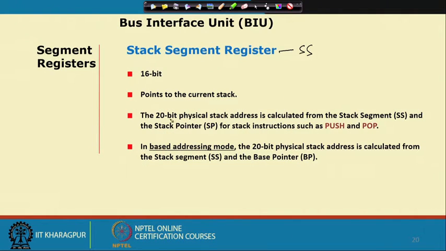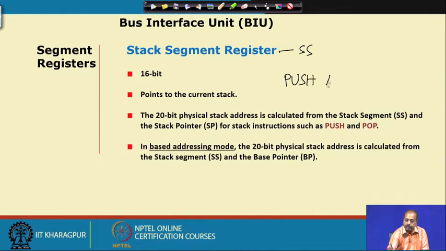It is a 16 bit register that points to the current stack, and again the 20 bit physical address will be computed by the stack segment register plus the stack pointer SP for the push and pop instructions. You can have instructions in 8086 like push AX. What we want to do is save the register AX into the stack.